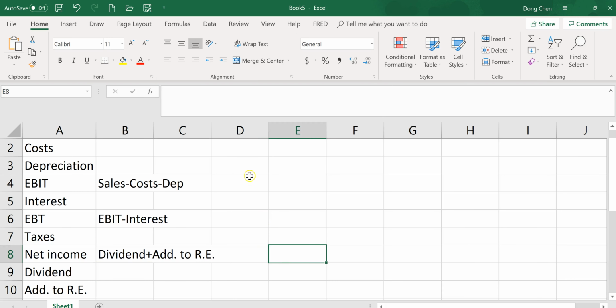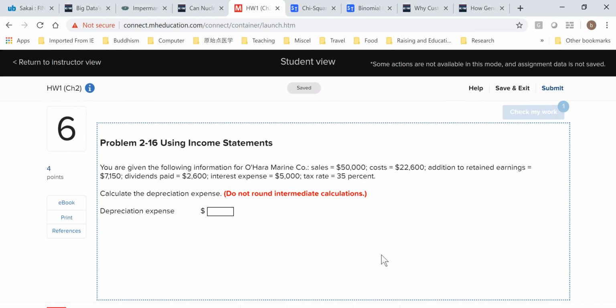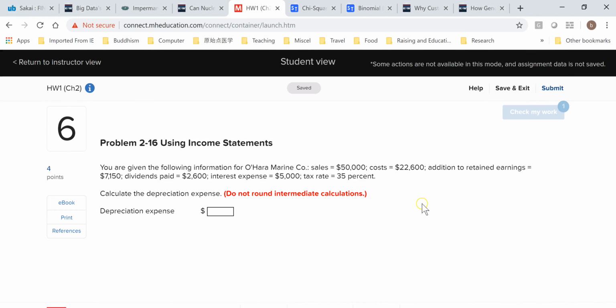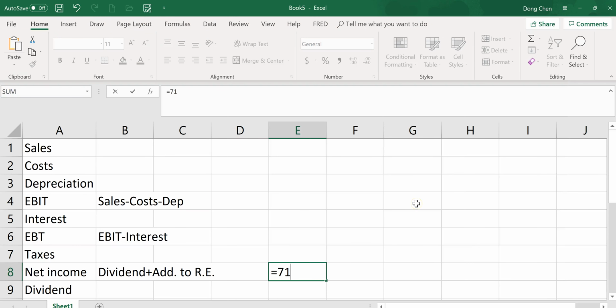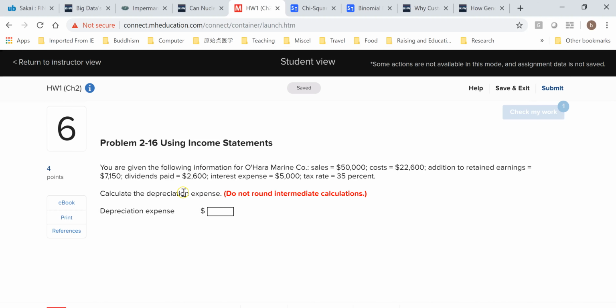So let me just write down the number so you know what I'm talking about. Let me start from dividend just to be consistent with the order of the two variables.